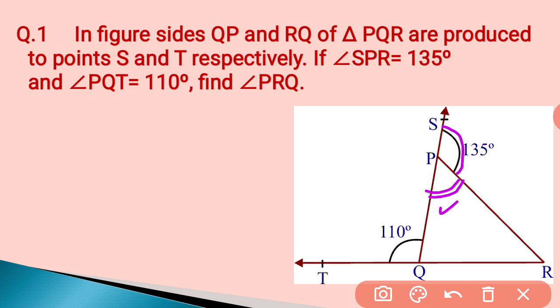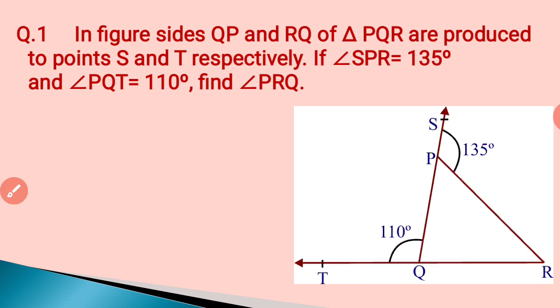Now if I think about the triangle PQR and this extended part, PQR will be the exterior angle. We already have found out the value of angle QPR. We can use the exterior angle theorem now to find out the measure of angle R, and this is what we are asked. So let's proceed with the solution.